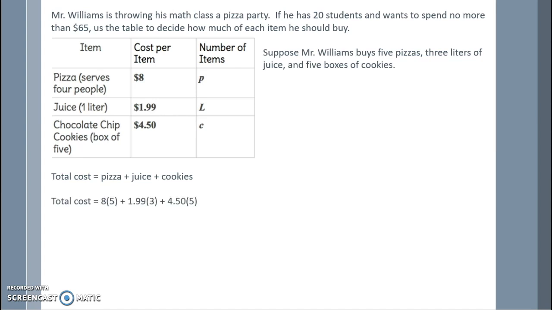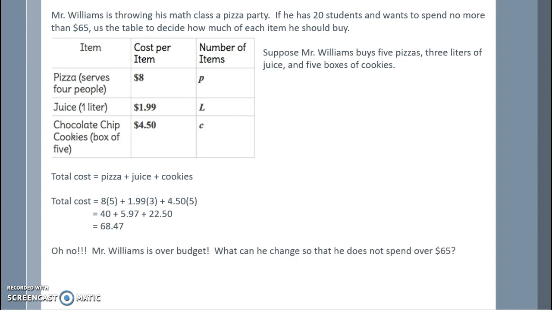So if we're buying 5 pizzas and each pizza costs $8, we will have 8 times 5 plus the juice, which is $1.99 times 3 of them, plus $4.50 times 5 boxes. 40 plus $5.97 plus $22.50 gives us $68.47. Oh dear. Mr. Williams is over budget.